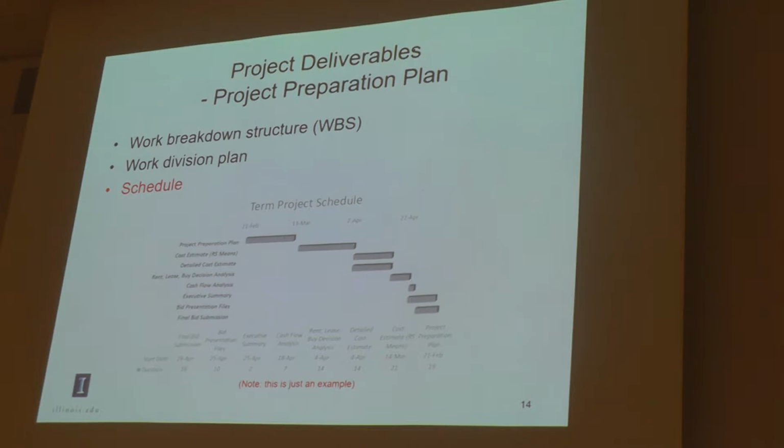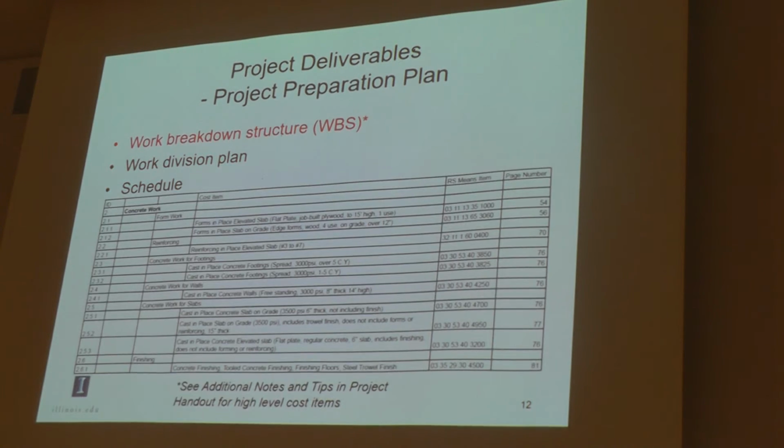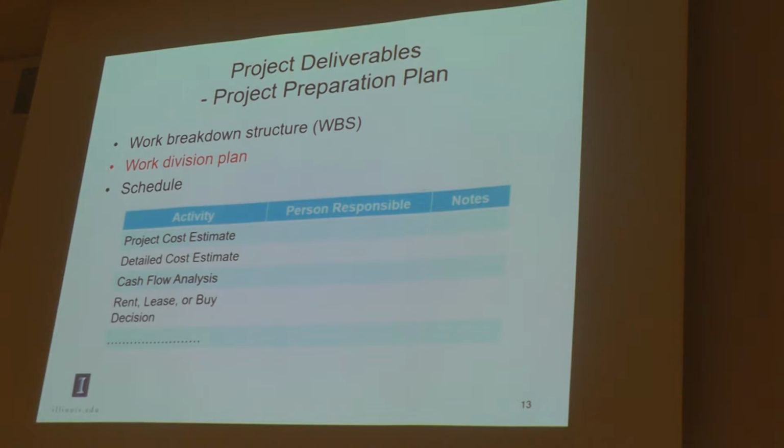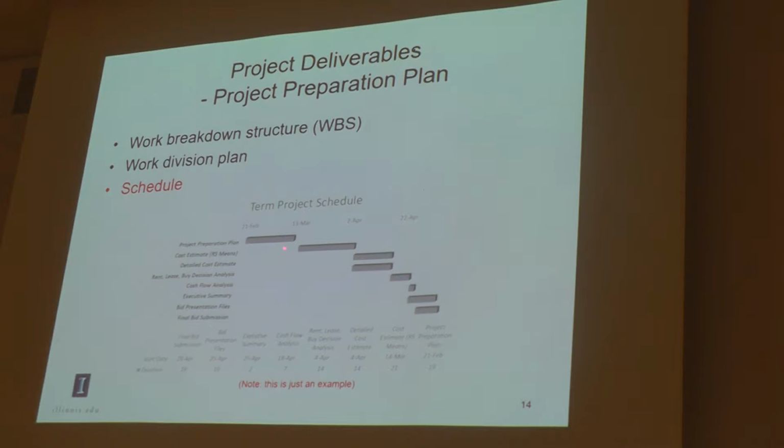When you do this schedule, make sure it is aligned with our deliverable dates. For example, our project preparation plan is due on October 13th, which means your end date for this activity has to be October 13th or before. You cannot end it after October 13th.